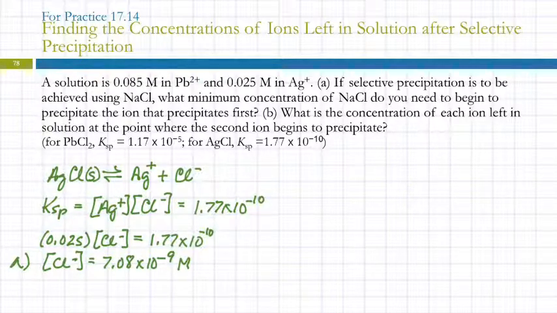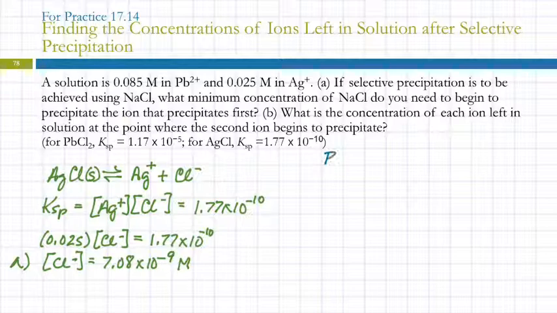Then the question is, what's the concentration of each ion left in solution at the point where the second ion begins to precipitate? Well, what concentration of chloride is needed for the second one to precipitate? The second one, I'm going to do this in blue.